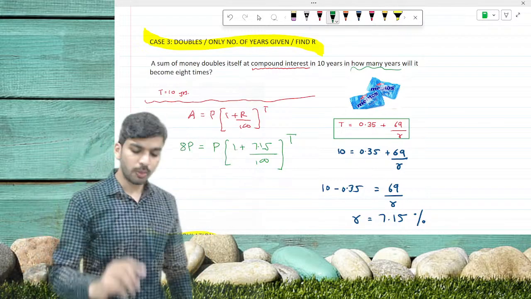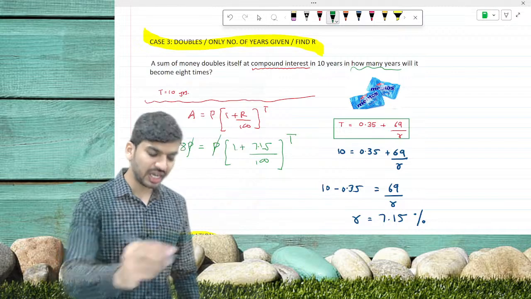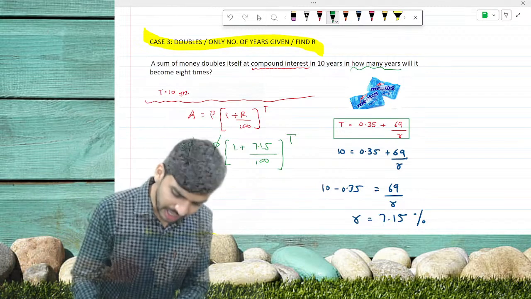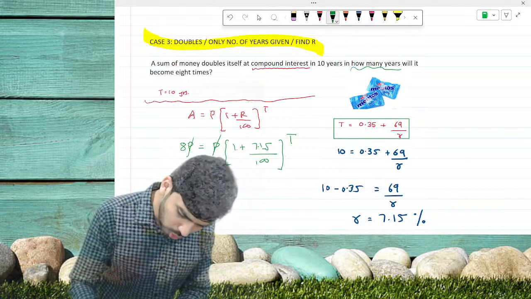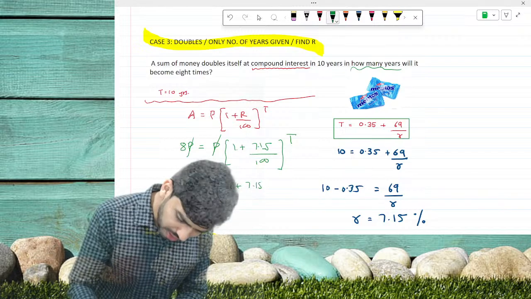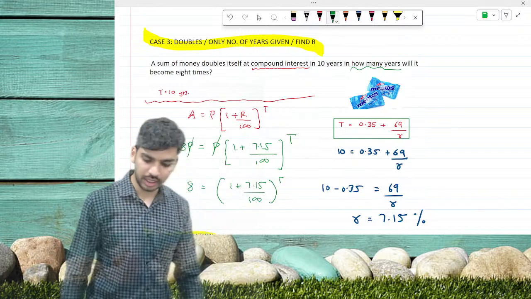We can cancel p from both sides. So here 8 is equal to 1 plus 7.15 divided by 100 to the power t.